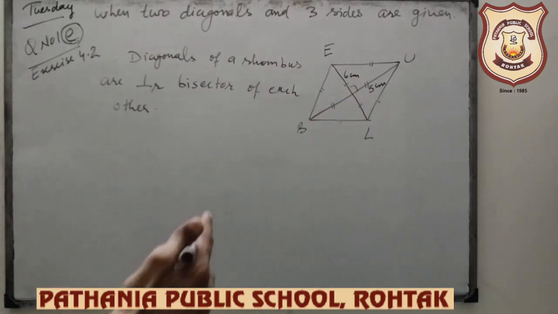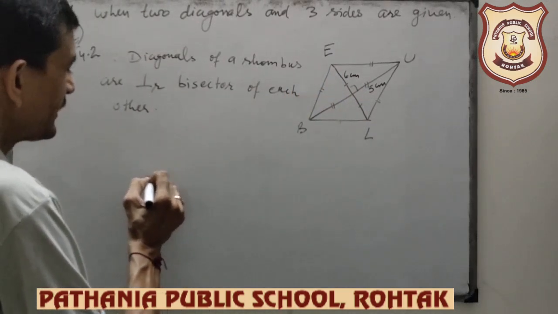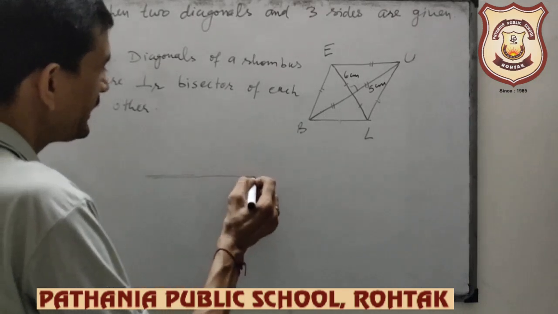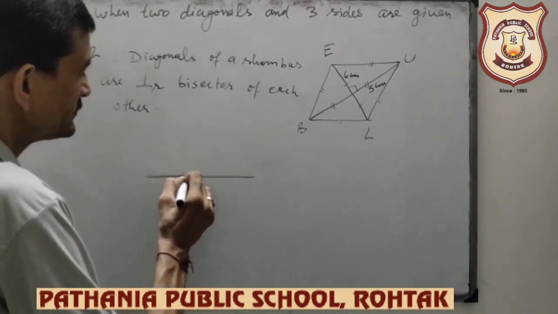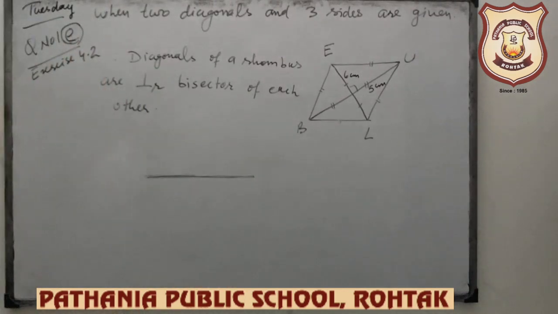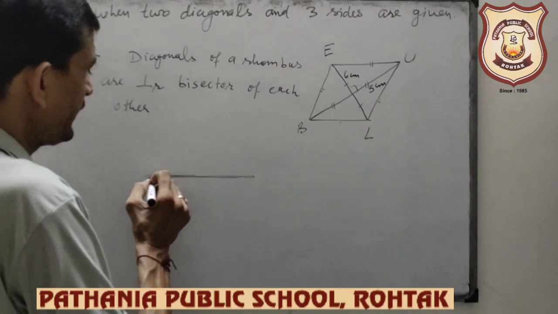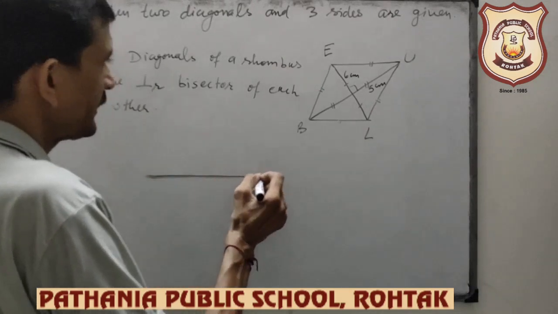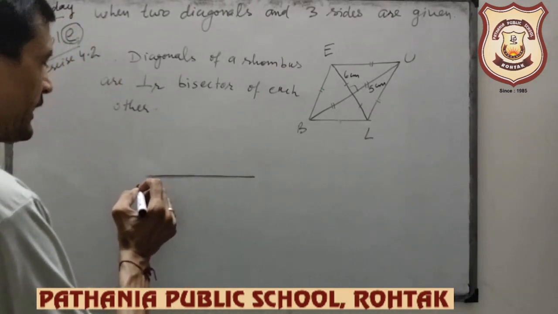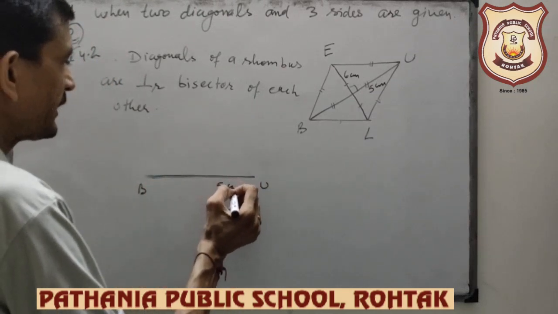So first you draw BU 5 centimeter, that is the steps of construction. Draw a line BU. Beta, first you draw BU equal to 5 centimeter.